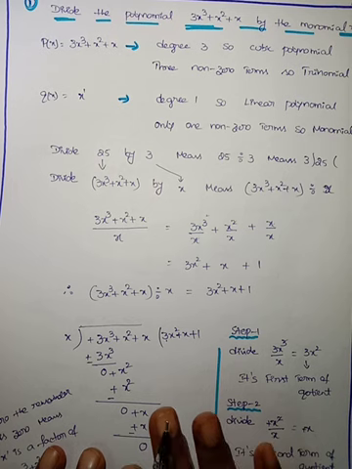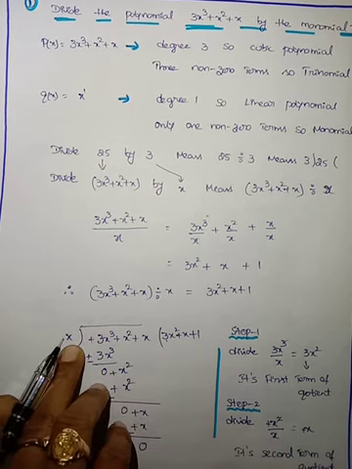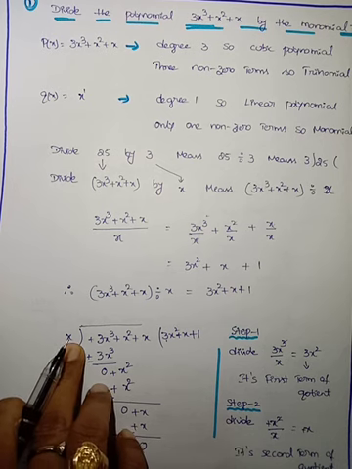Which polynomial has the highest degree? That is the dividend. Which polynomial has the lowest degree? That is the divisor.